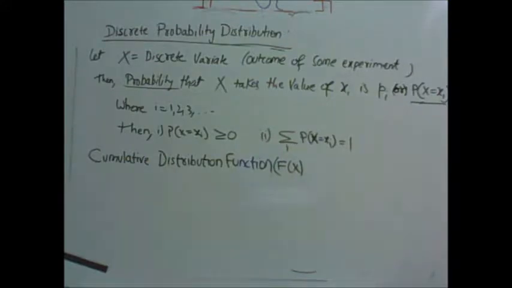Now, as we have discussed, x can be a discrete variate or a continuous variate depending on what type of values it takes, that is countable or uncountable, finite or infinite values.